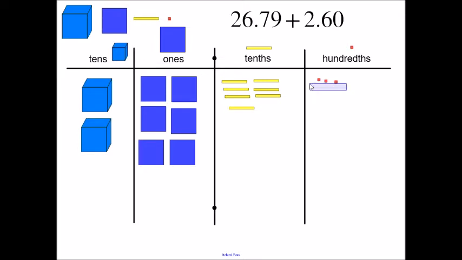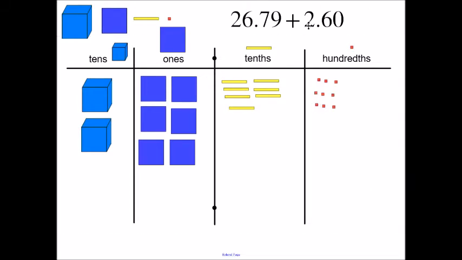And I'm just going to cheat for 1 second here just to speed this up a little. So I have represented 26.79 using my base 10 blocks.